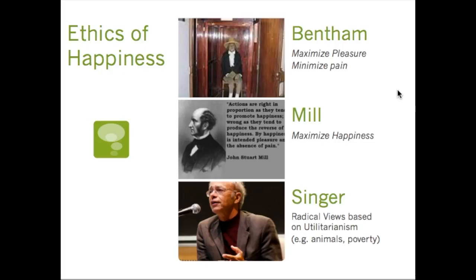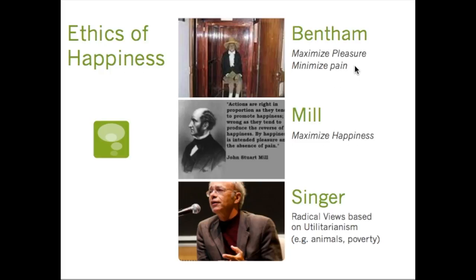The philosophers that are behind this view are two philosophers from the 18th century, Bentham and Mill. Bentham was the first one, Mill was his student. For Bentham, who was a radical at the time, fighting for women's rights and also for some labor laws, what you ought to do is to maximize pleasure and minimize pain.